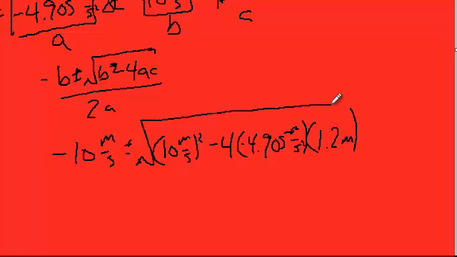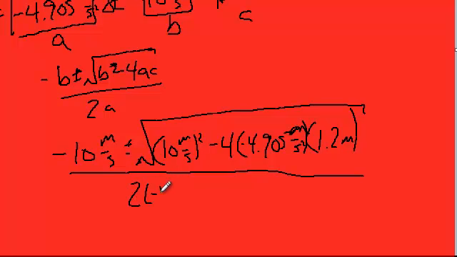If I use unit analysis, you'll notice that meters will be squared, seconds will be squared, so this whole term will be meters squared over second squared, and this term will be as well. When you add or subtract, everything in here will be meters squared over second squared, and the square root will take us to meters per second. And that will all be divided by 2 times -4.905 meters per second squared.